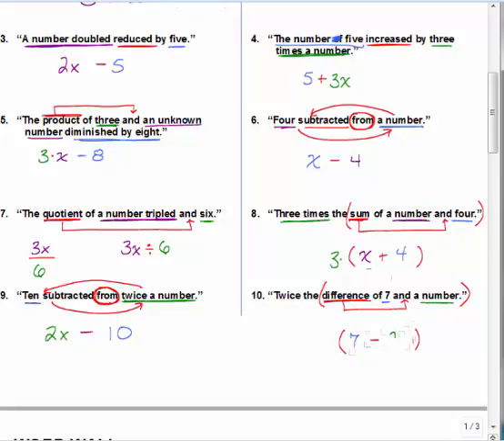Now notice I didn't flip these. You only flip it if you have the words from, to, or then, and we didn't have that, so it goes left to right, just like it reads in the sentence. In front of that difference, I have the word twice. So if you look at the top, twice means 2 times, so we'd have to do 2 times right there for that. So it's just kind of learning the language until you get enough practice with these.